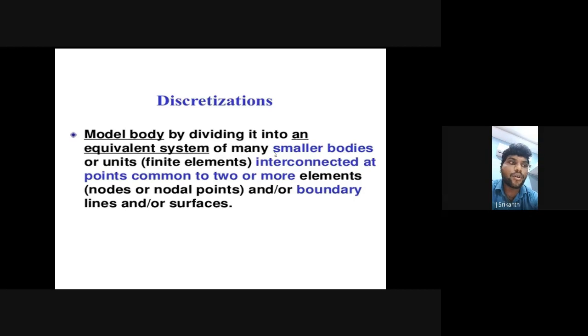So any complex structure is divided into an equivalent system using many smaller bodies or units. That is also called finite elements. These finite elements are interconnected at common points, two or more, and the point is called a nodal point in the finite element method. So the model body is divided into an equivalent system.